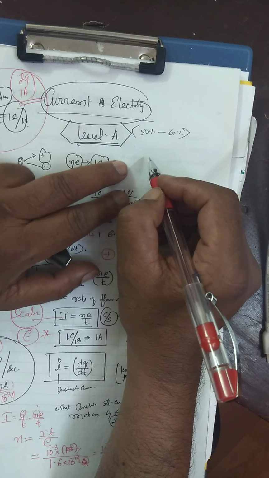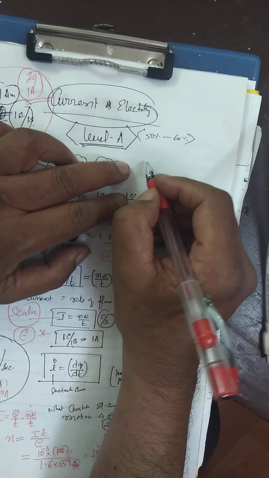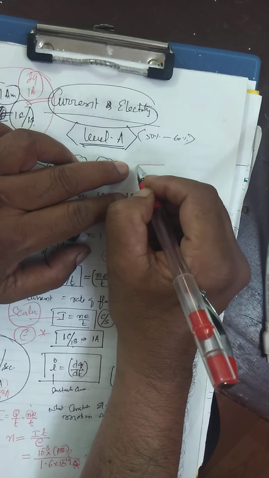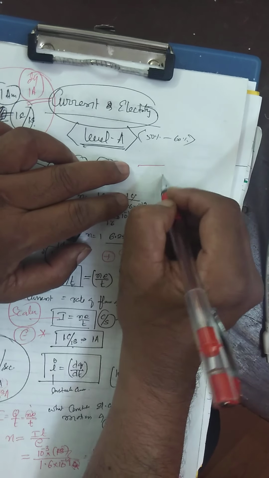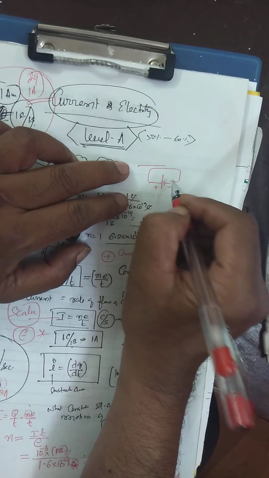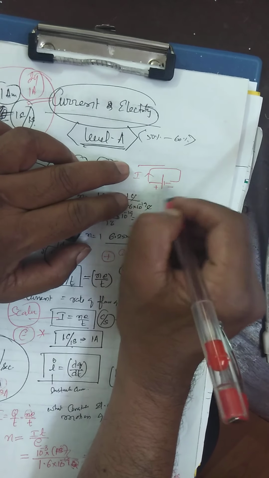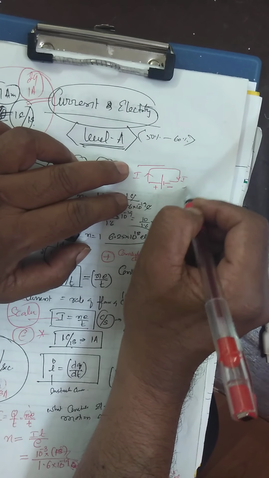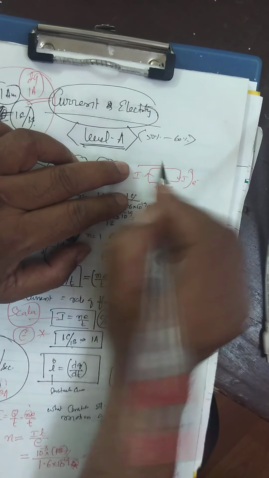Now, in a battery, this is positive and this is negative, right? Current flows from positive to negative, but electrons flow from negative to positive.